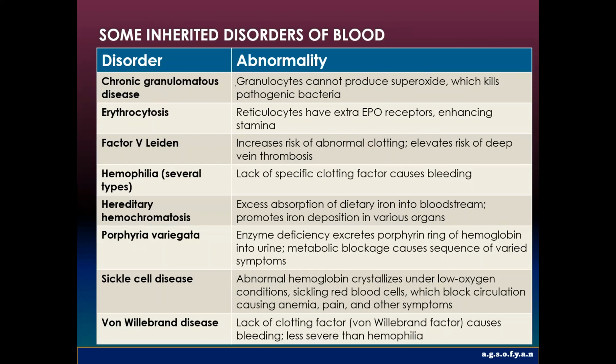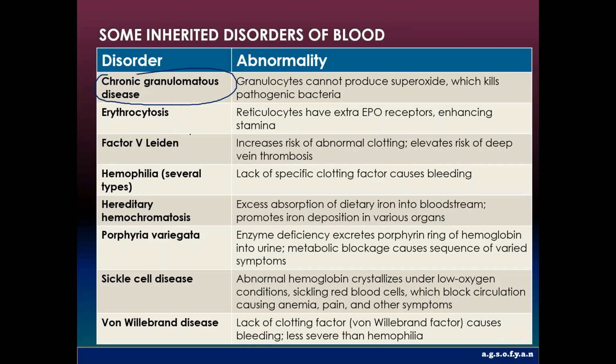In this condition, the patients are unable to phagocytose bacteria, and mostly these individuals will have a higher risk of bacterial and fungal infection. So they lose a little bit of their defense mechanism against bacteria and fungi. So this is chronic granulomatous disease.